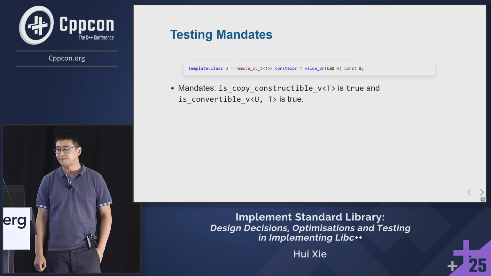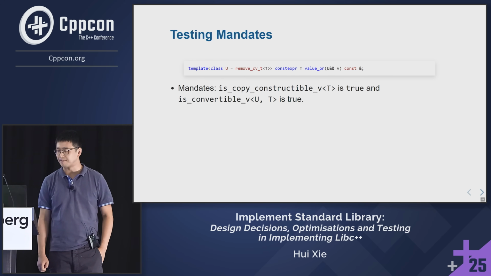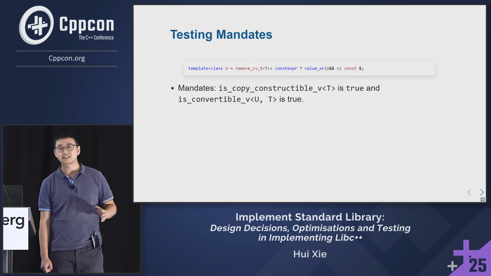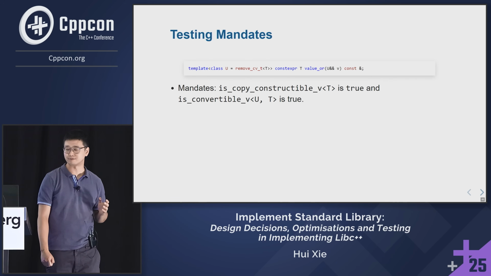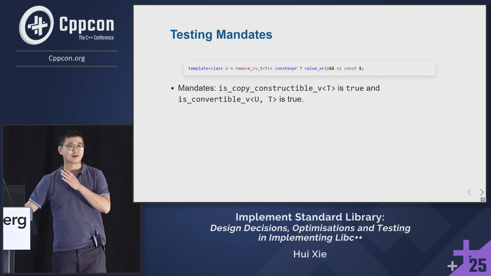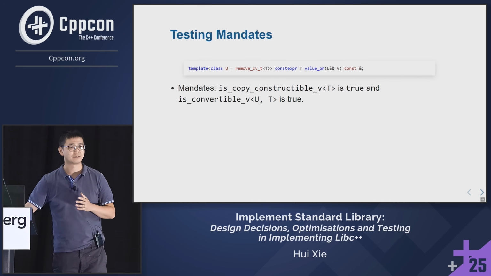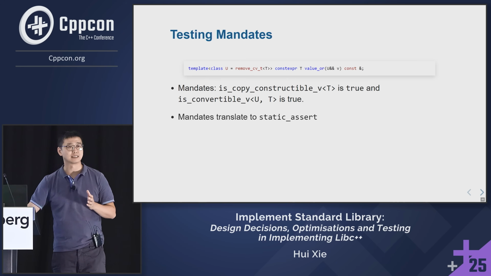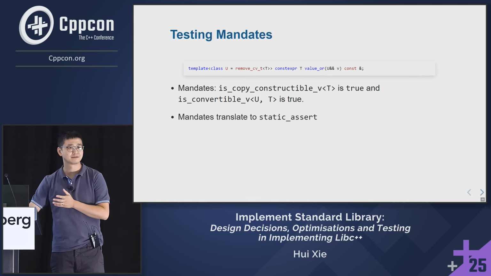And for testing mandates, the mandates keyword is slightly different from the constraints keyword. The mandates keyword means that a violation of the mandates is guaranteed to generate a diagnostic from the compiler. So mandates translates to static assert.